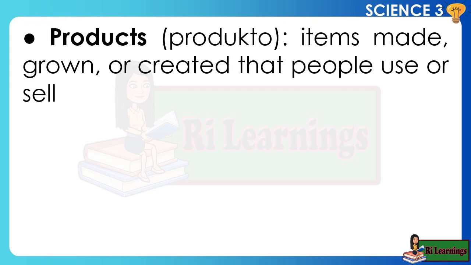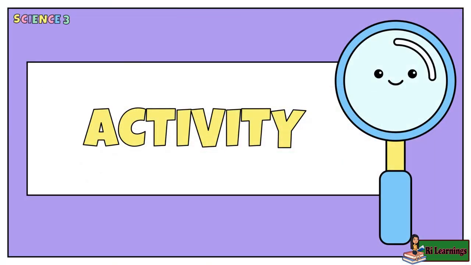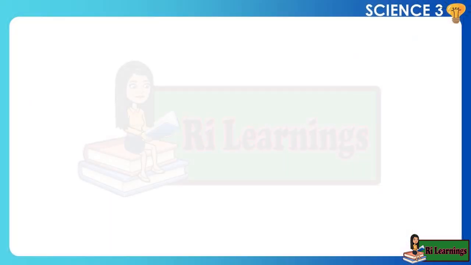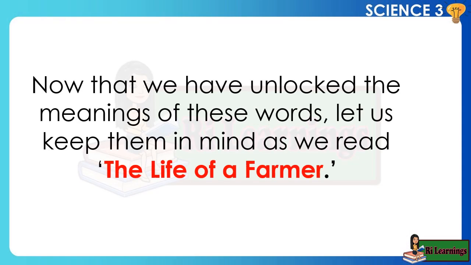Products, items made, grown, or created that people use or sell. Now that we have unlocked the meanings of these words, let us keep them in mind as we read The Life of a Farmer.